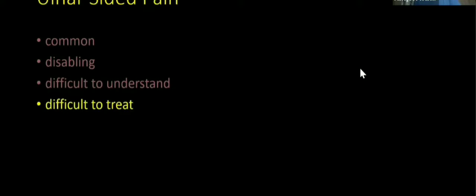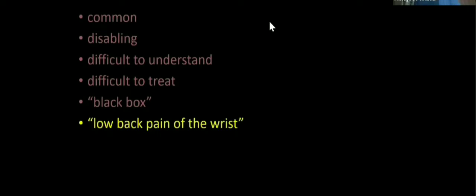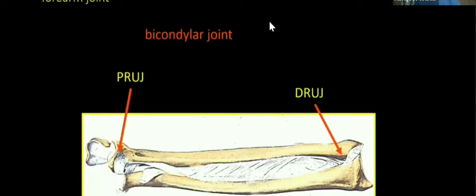It has a myriad of etiology, a litany of pathologies, and so it poses a clinical challenge to all people. It is often referred to as the black box of the wrist joint, or the low backache of the wrist joint, because of its common nature and multiple etiologies.